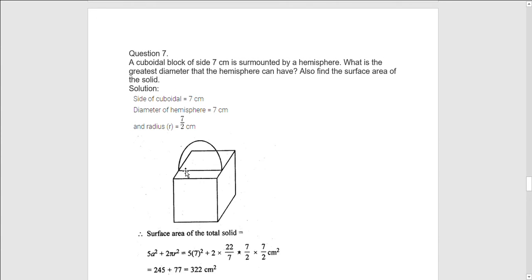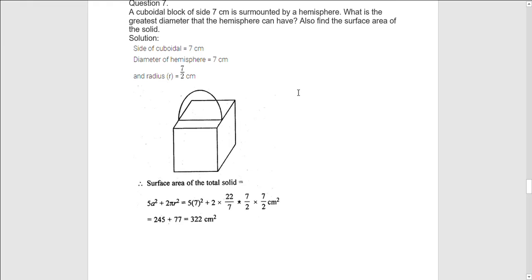It means what is the diameter of this hemisphere? Diameter 7. Radius 7 upon 2. What is the greatest diameter of the hemisphere we can have? Diameter is equal to the side of it. It means 7 is the diameter, so radius is 7 upon 2. Also find the surface area of the solid. Students, surface area.